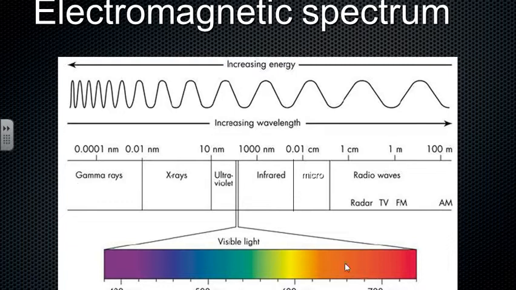Okay. In the visible light, this again is the activity that you guys did yesterday. Purple has the shortest wavelength. It's going to have the highest energy. Red is going to have lower energy and the longest wavelength. Okay, and the way that I think about this is ultraviolet UV rays are things that can cause us cancer.